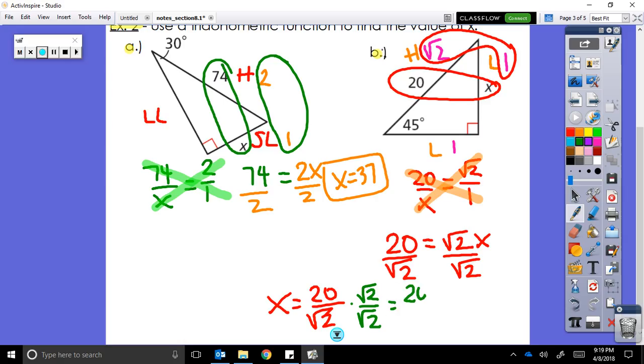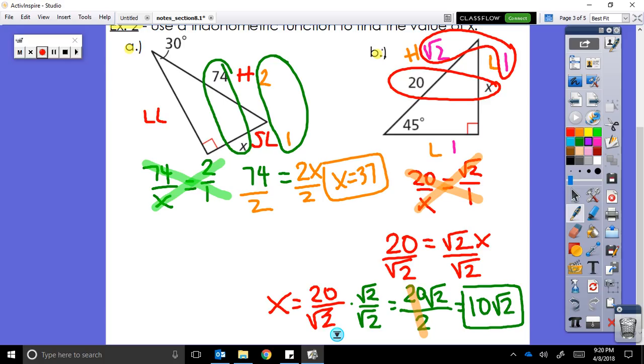So that gives me 20 square root 2 over, now we also know that square root 2 times square root 2 is just 2. My last step is to divide those. 20 divided by 2 is 10 square root 2. Okay? These are the hard ones on the homework, the ones that look like this.